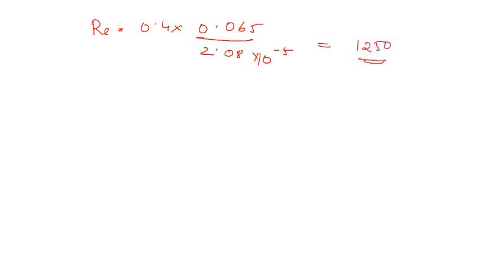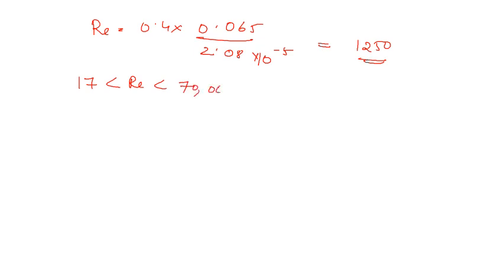So the Reynolds number is equal to 0.4 into 0.065 divided by 2.08 into 10 to the power minus 5, that comes to be 1250.